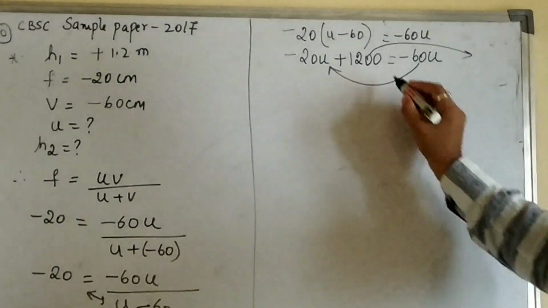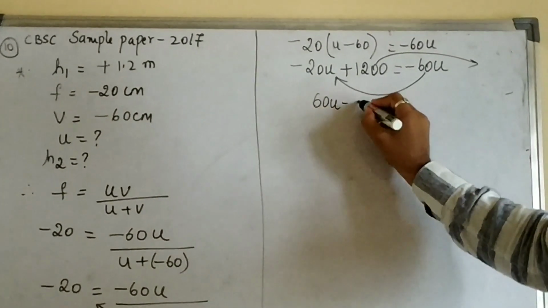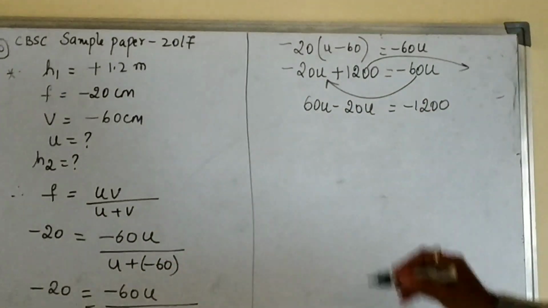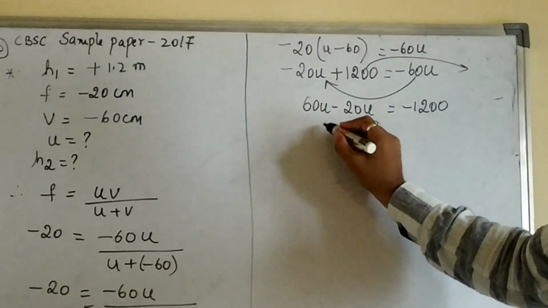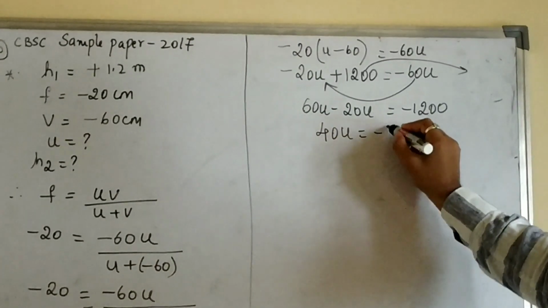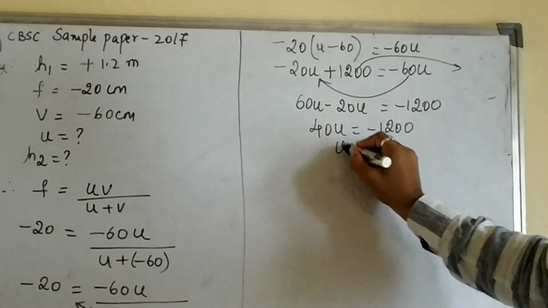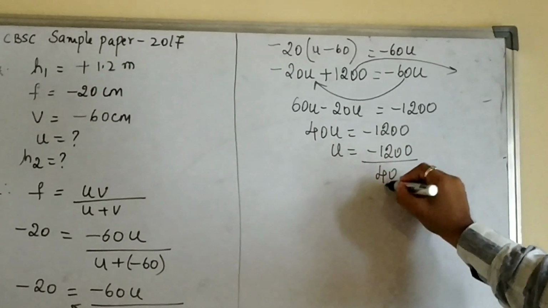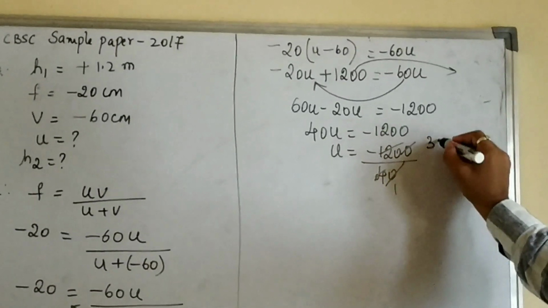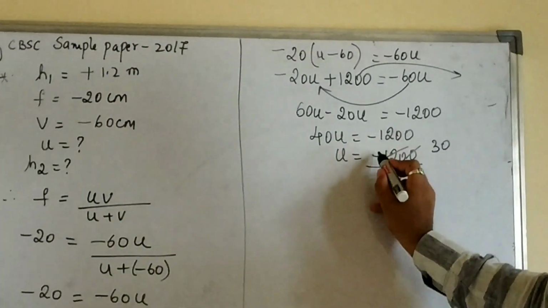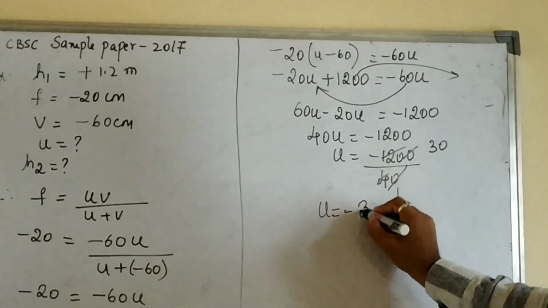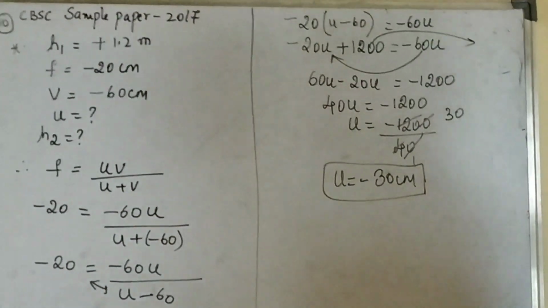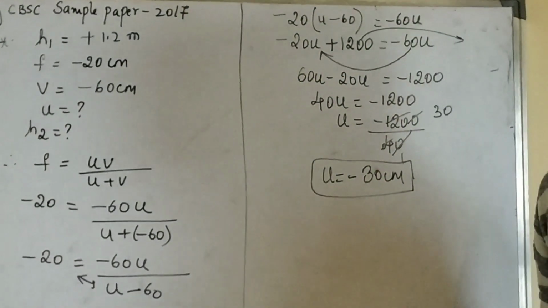Now what you will get? 60u minus 20u is equal to minus 1200. 60 minus 20 is what? 40. 40u is equal to minus 1200, or u is equal to minus 1200 by 40. So 4 ones are 4, 4 30s are 120. So since minus sign is there, u is equal to minus 30 centimeter. So object distance is minus 30 centimeter.